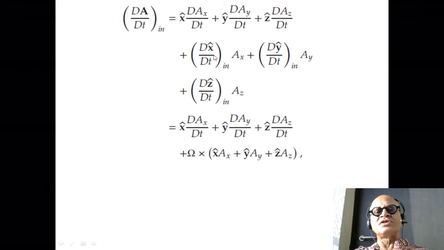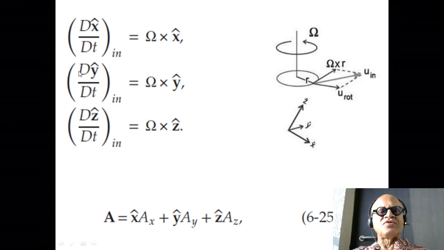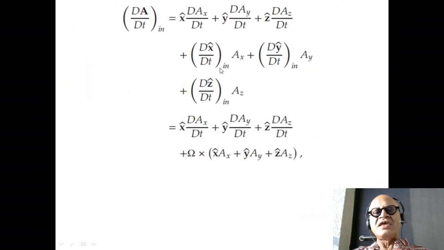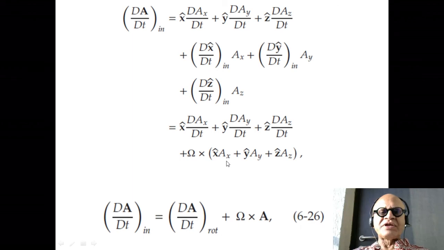What did we do? We basically used the fact that dx/dt is essentially omega cross x, right? It's just the rotation that is changing the unit vectors in time. They're just moving in time, right? So we use that simple relation in here to write dA/dt in the inertial framework as this term plus this rotational term. I think you're getting the idea.